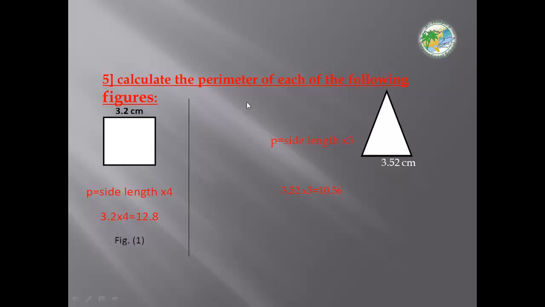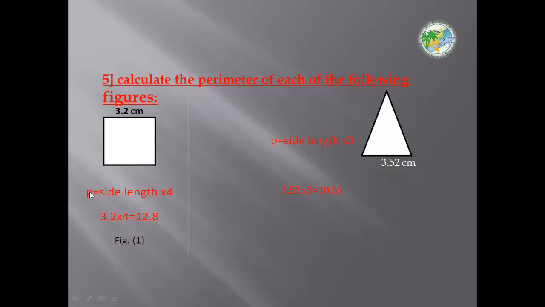The first one is a square. All sides of a square are equal in length. If the side length of the square is 3.2 centimeters, find its perimeter. Let's remember the perimeter of a square.